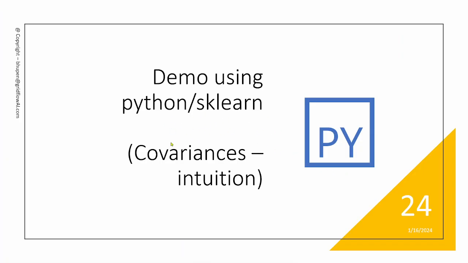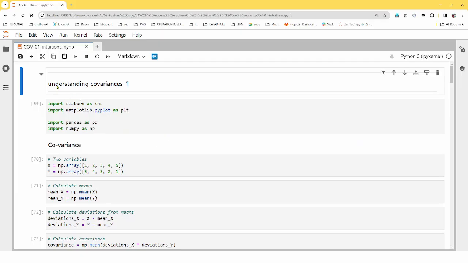Next, I'm going to show you the intuition that we can draw from the concept of covariance using Python code. Here's a little Python code for demonstrating the concept of covariance and also getting the geometric sense of covariance. Again, I'm going to show you using some dummy data.